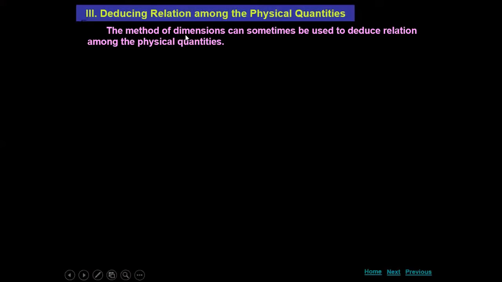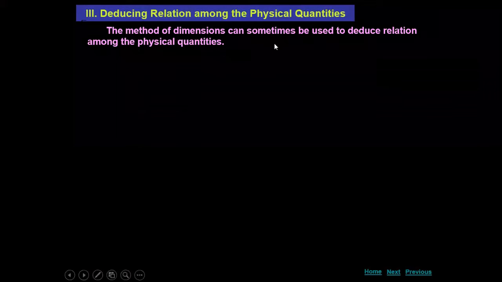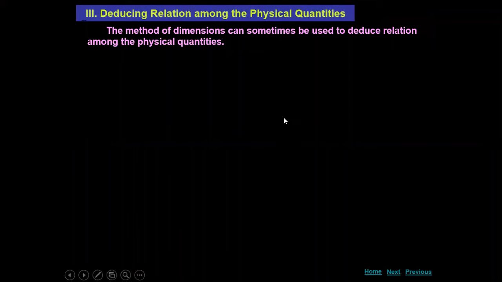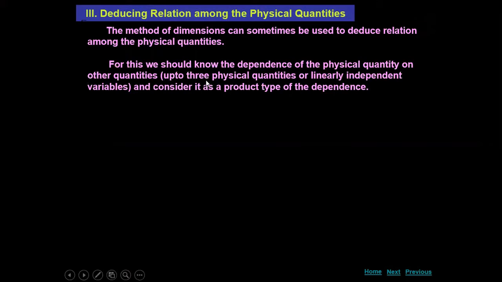This method is dimensions used to deduce relations among physical quantities. For this, we need to have some dependence of physical quantities. Generally we take up to 3 physical quantities and find a relation among them. As an example, I am taking a simple pendulum.